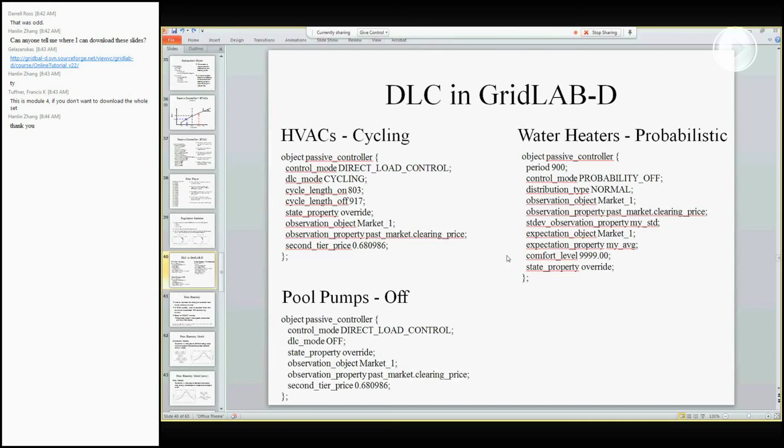So this is a way that you can set this up so that you can either do this very probabilistic mode, where you're trying to get a subset of the population to respond as a function of the increase of price, or you can adjust these comfort levels to let you do what I'll call true direct load control, where when a signal goes out, say a price, you basically go from a price of average to infinite, then this will react like a true direct load control program, a big red button that just turns off all the devices.